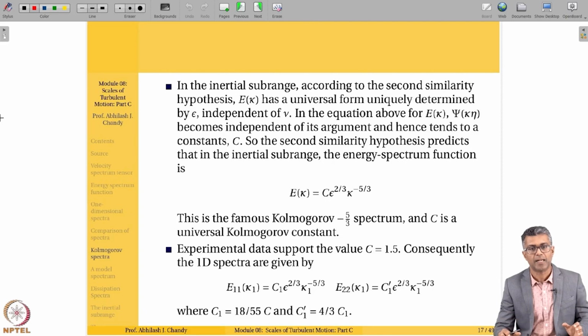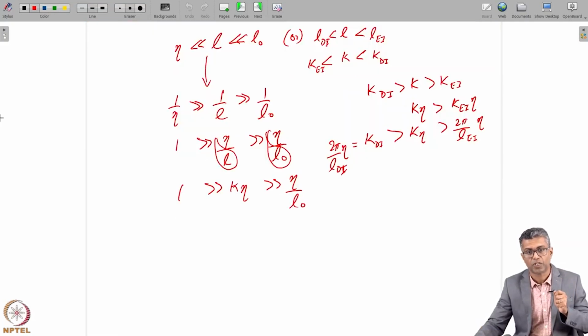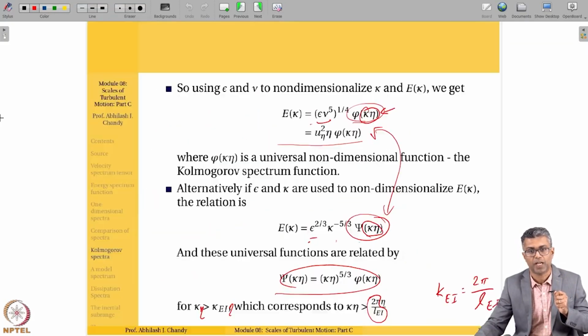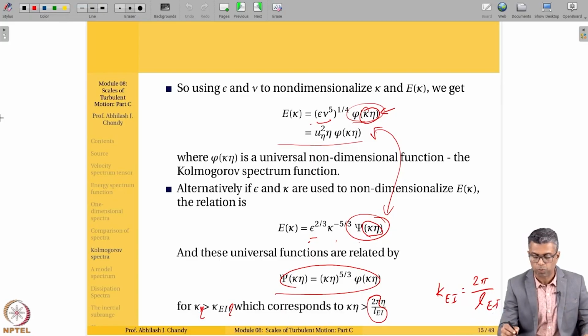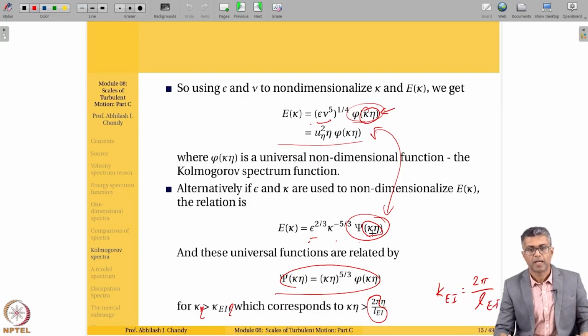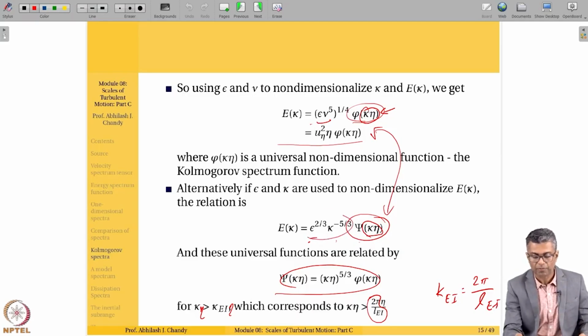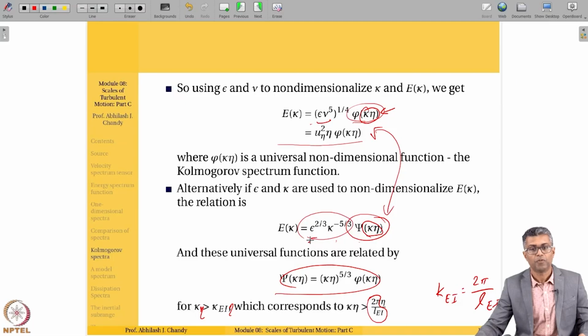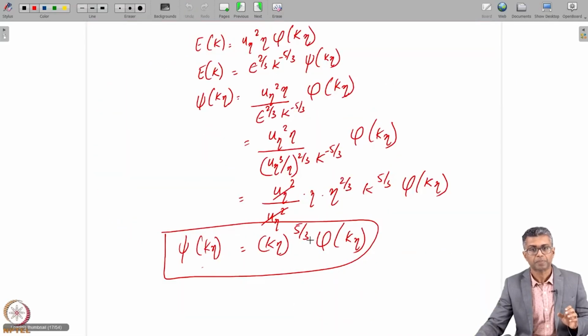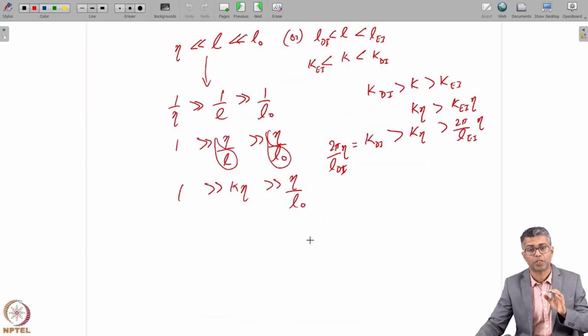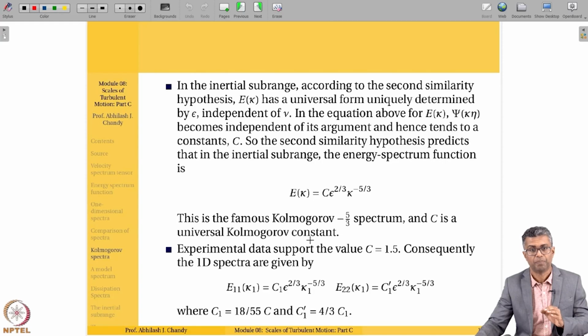So here psi, the universal spectrum function that we had earlier, we took it to be independent of nu. That is why we don't have a nu in here, we only have epsilon, and that is applicable to the inertial subrange as I had mentioned yesterday.